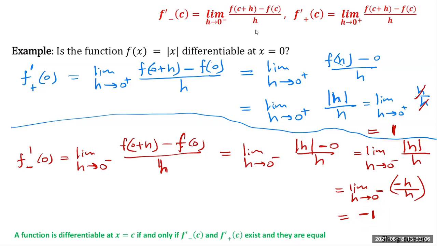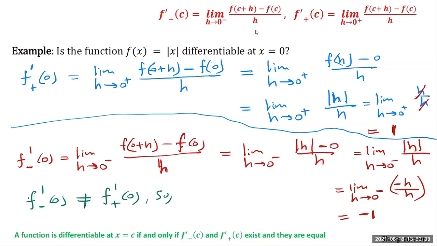They are not equal, okay? So the derivative at x equals 0 does not exist. Let me write it. F prime minus 0 is not equal to f prime plus 0. The right derivative and the left derivative, they are not equal.